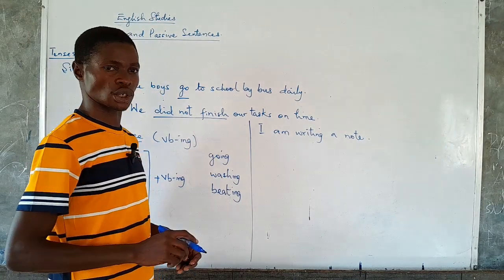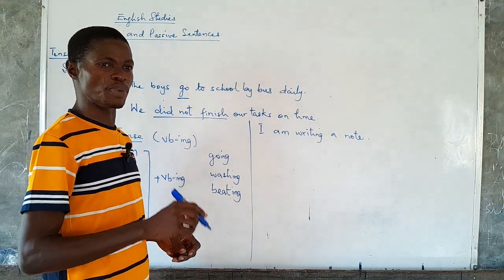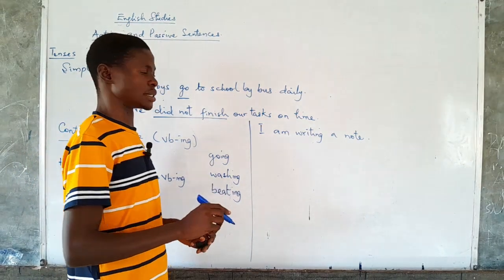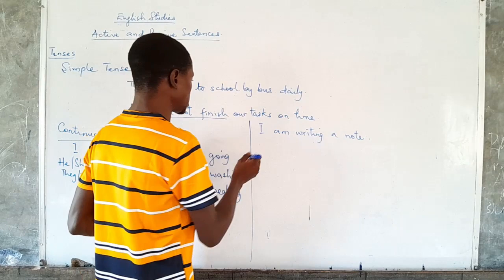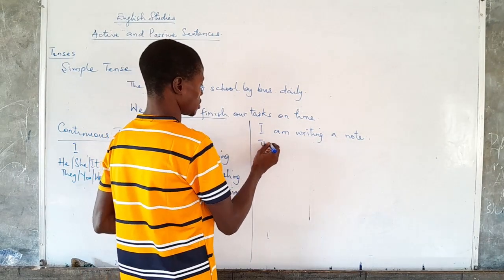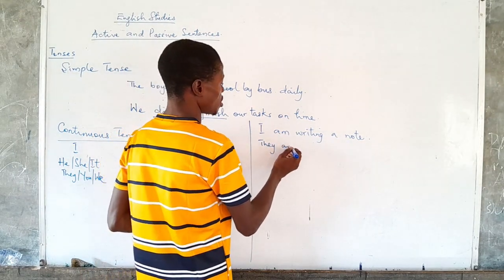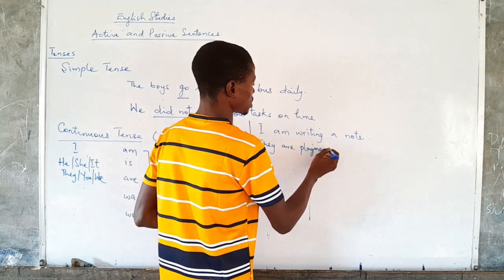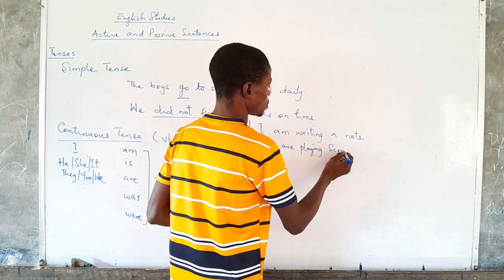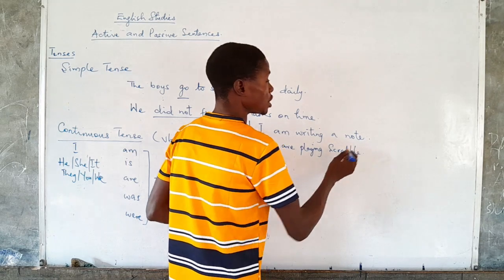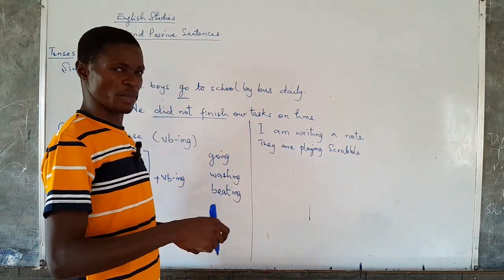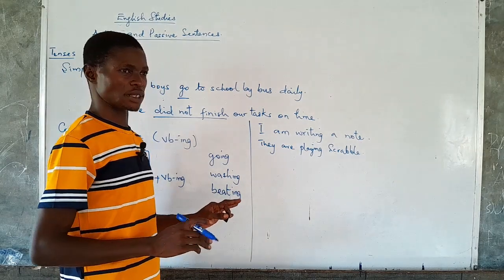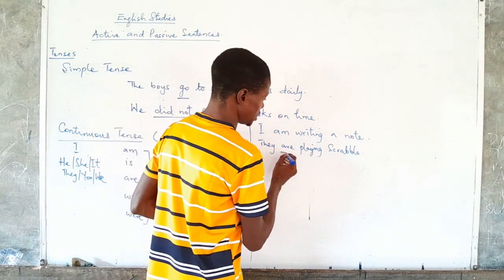It is an action that is still being done. It is still ongoing. It is not done yet. We say they are playing Scrabble. What are they doing? At the moment, they are playing Scrabble. That is that about continuous tense.